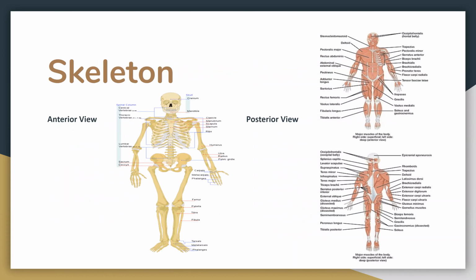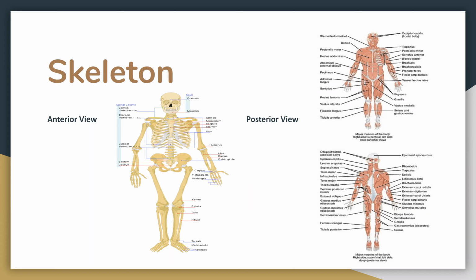So again, you have a very good anterior and posterior view of the musculoskeletal system here. Starting at the very tip of your fingers, you have the phalanges, carpals and metacarpals, which make up the rest of the hand and wrist. And you have the ulna and the radius making up the forearms and your humerus. And then as you move up, you have your clavicle, scapula, sternum, your ribs, obviously, enclosing your chest, thoracic area.